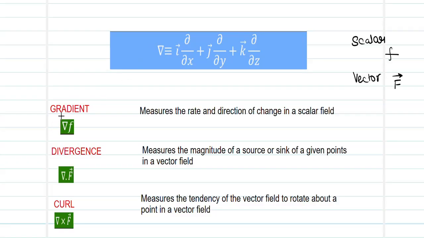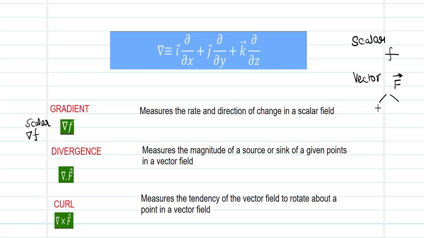It gives us a quantity called gradient when this del operates on a scalar. When it operates on a scalar f, del will take this f as an input and produce del f.